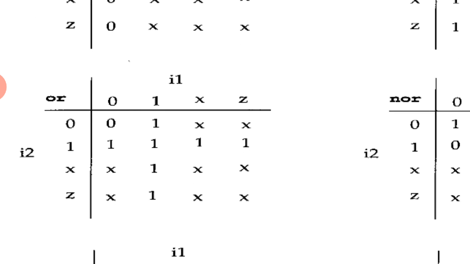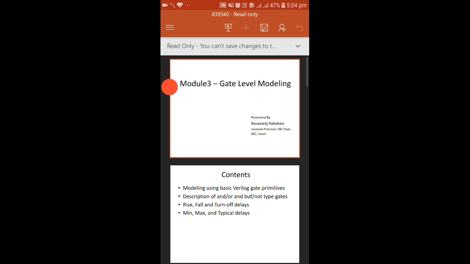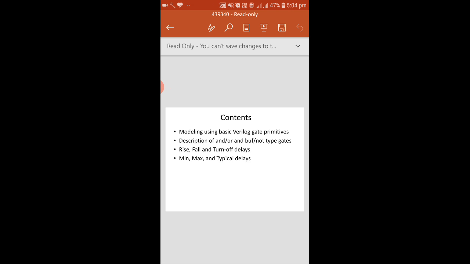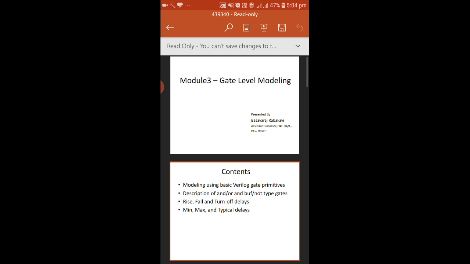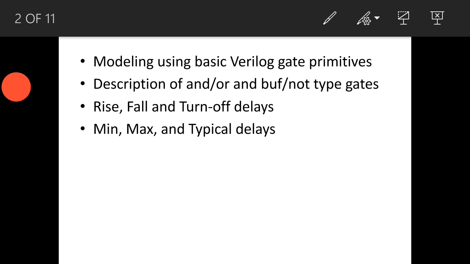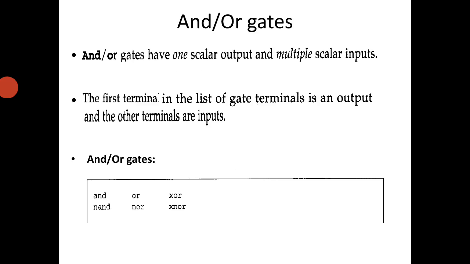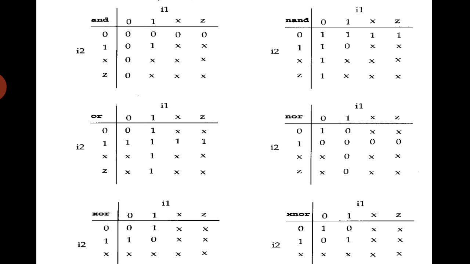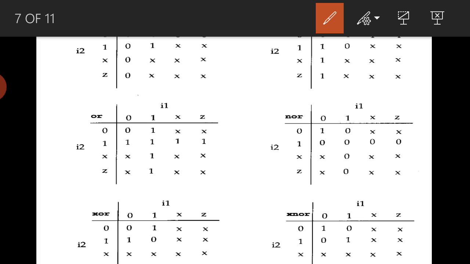If you see one truth table, I1 is one input, I2 is another input, and the output is only one.